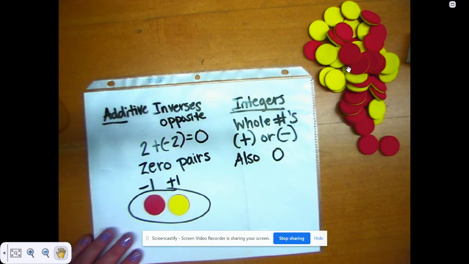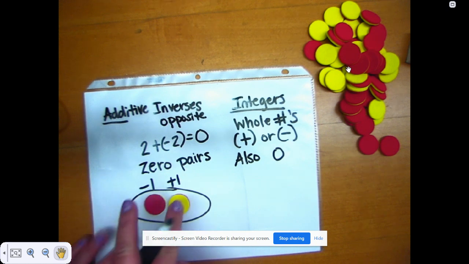So keep that in mind. Additive inverse is adding the opposite. So the opposite of 2 would be -2, which would equal 0. And another way to refer to that is zero pairs. -1 plus +1 equals 0. So they're there, but they're not.